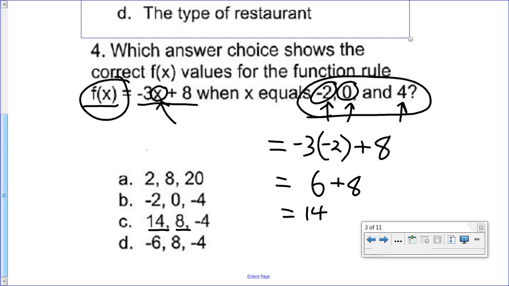We know -3 times 0 is 0. That's going to leave us with 8. We don't even need to write that out. We know that's correct. Therefore, we know C is correct. I gave that one away. But I think that's okay for the first one. Some people were still kind of struggling with this one, so that's fine.